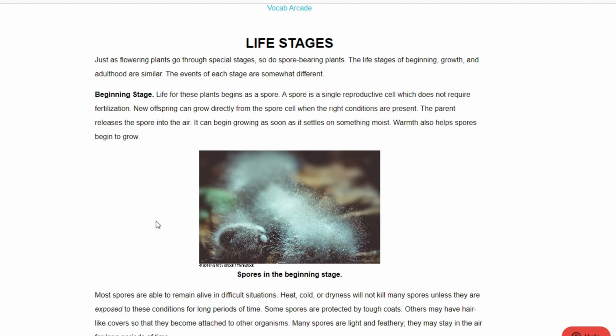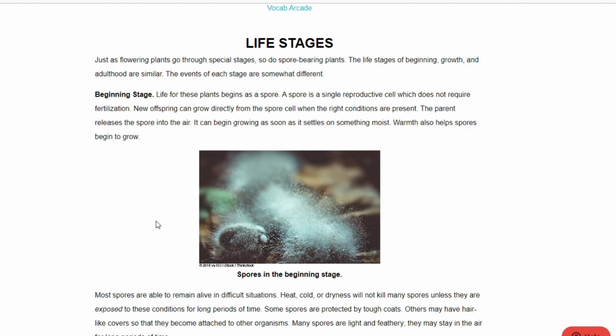And I shouldn't say live, but they are able to work for a very long time. A spore is not technically alive, but, well, it's hard to describe, but you can't think of a spore as alive like the other things. Most spores are able to remain alive in difficult situations.